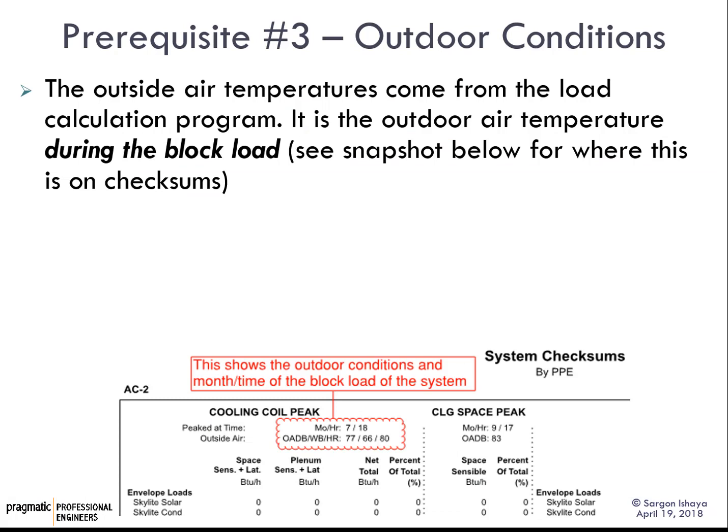Now the question is, for the ventilation load, we have to know what the outdoor air conditions are. The ventilation, as you remember from our definitions many lectures ago, is really another word for outdoor air. During the block load of the building, the condition of the outdoor air is given to you here.